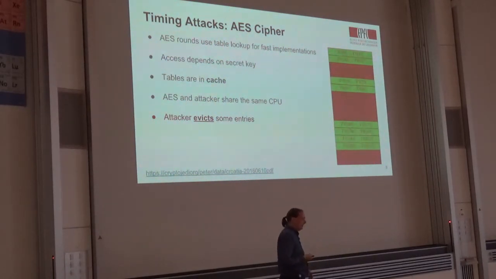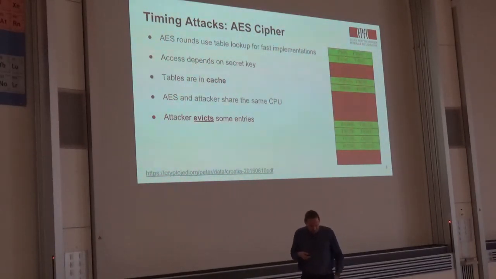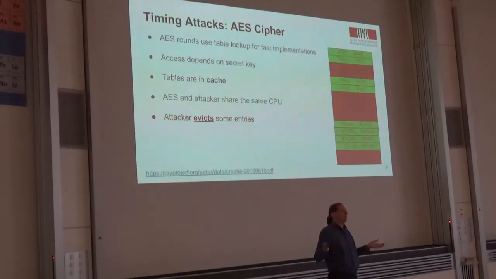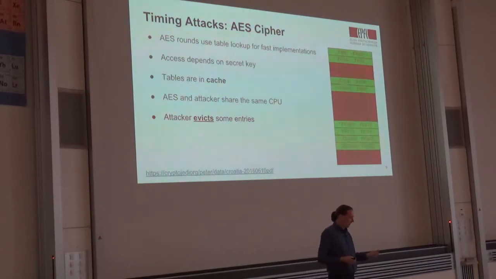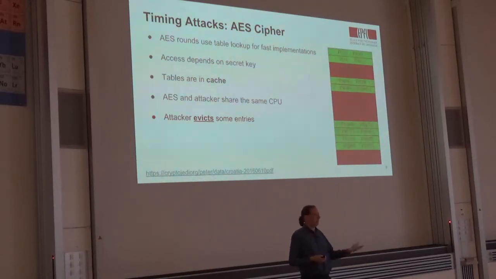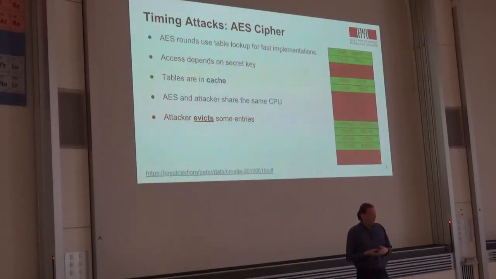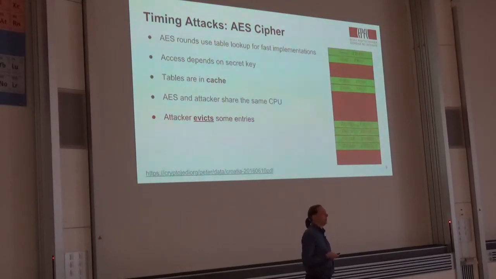There are various ways that an attacker might, but the classic way that this kind of attack works is through memory. So assume we're in a cloud environment, or a multi-user desktop environment, where a victim process is running AES, running SSH or TLS or something, and doing a lot of AES encryption and decryption operations.